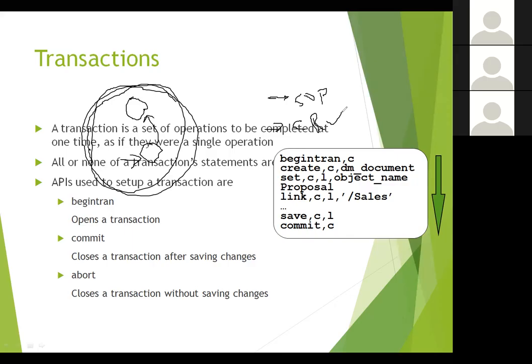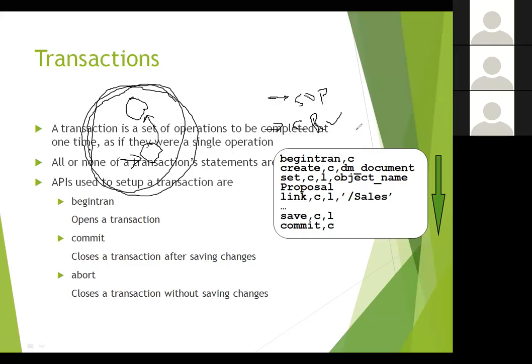If that CR is not approved within a particular time period, let's say 5 days, you have told the business that only within the 5 days they have to approve this CR, otherwise the CR will be deleted from the system.